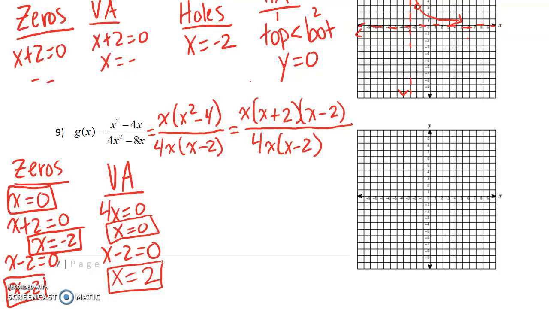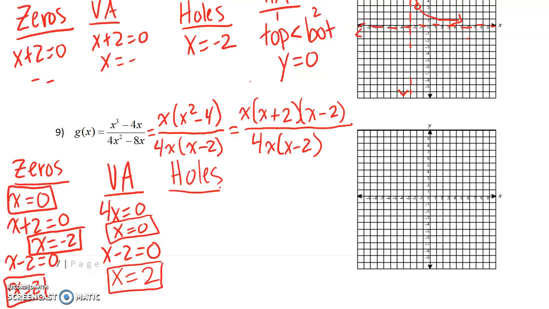Our next step is to solve for holes. Looking back at our definition, don't be afraid to go back to your notes. We defined holes as zeros of the numerator and of the denominator.